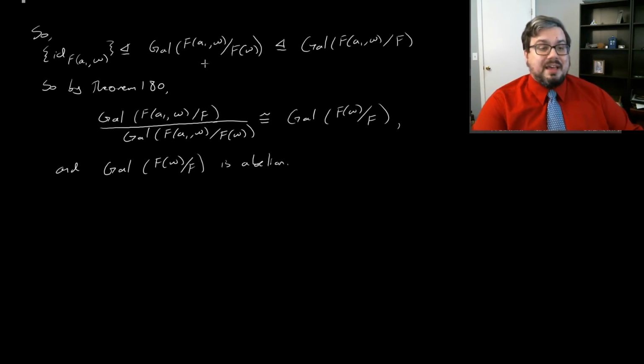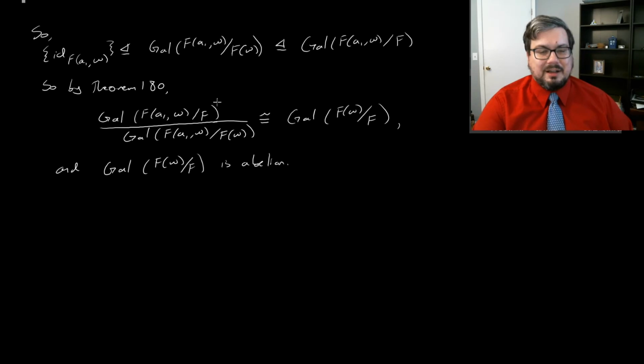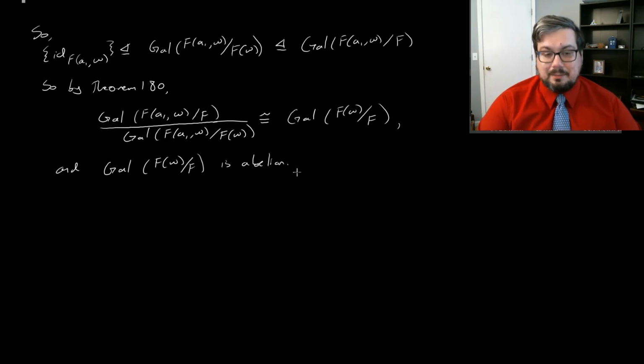So we showed that this middle subgroup is abelian, and then we've shown that the quotient of these two is abelian by using the fundamental theorem of Galois theory to show that it's the Galois group of some other field extension, and by proving that the Galois group of that field extension is abelian. Thus, we have that the Galois group of F of a1 omega over F is solvable.